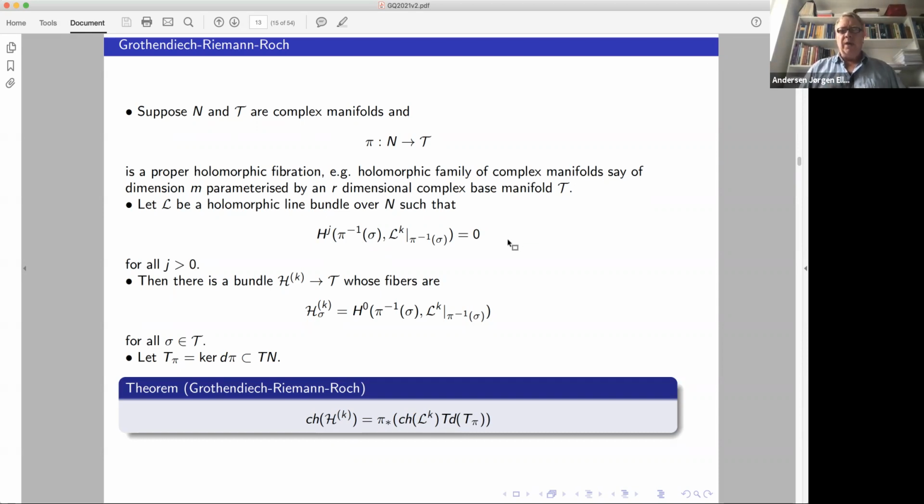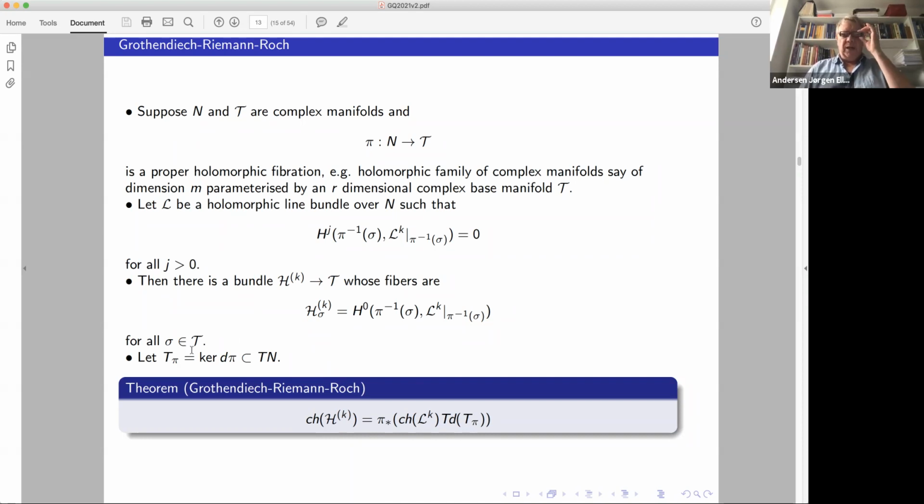That will imply, by elliptic regularity and so on, that there is actually a bundle of holomorphic sections induced over T, which is simply just the fiber-wise holomorphic sections.